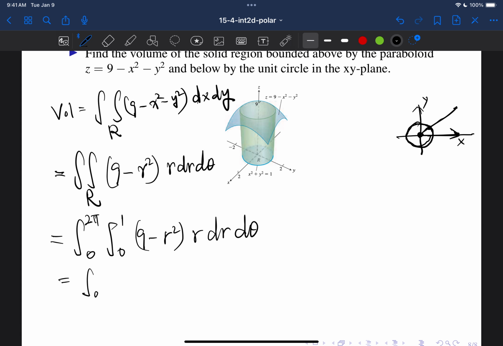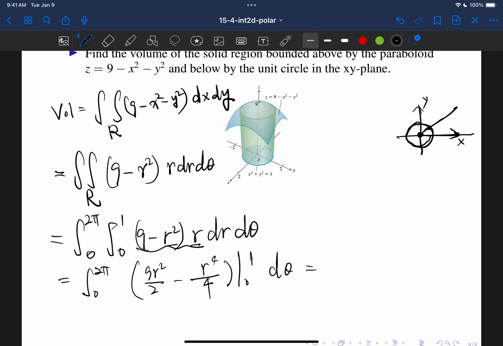And then we calculate. The antiderivative of 9r is 9r squared over 2, and for r cubed, its antiderivative is r to the 4th power divided by 4, from 0 to 1, d theta.